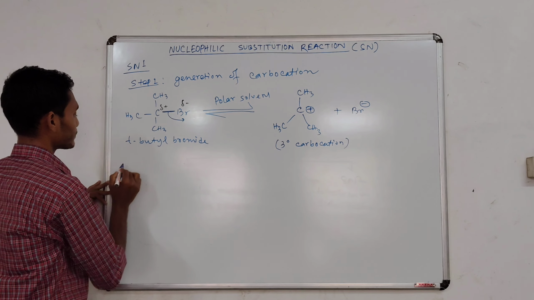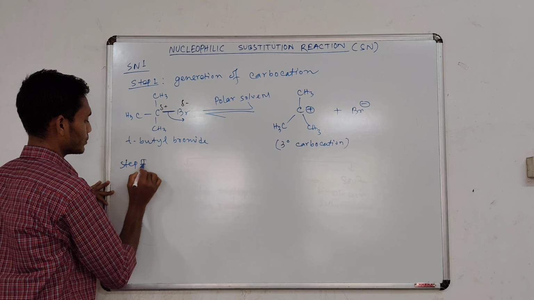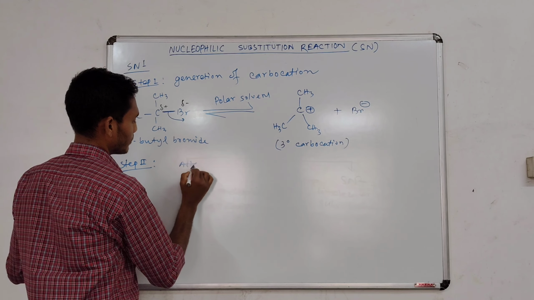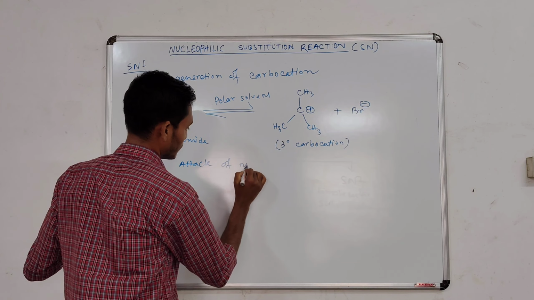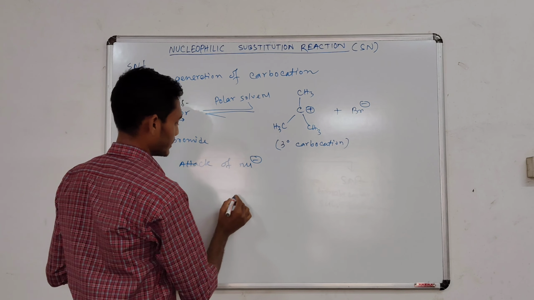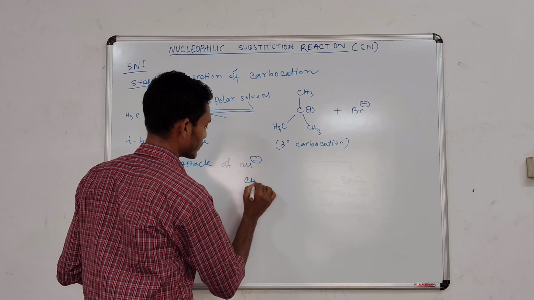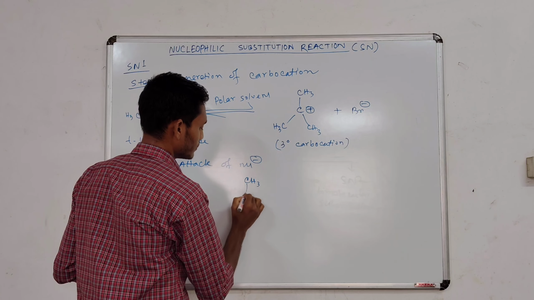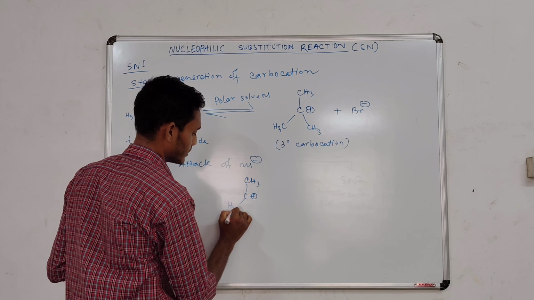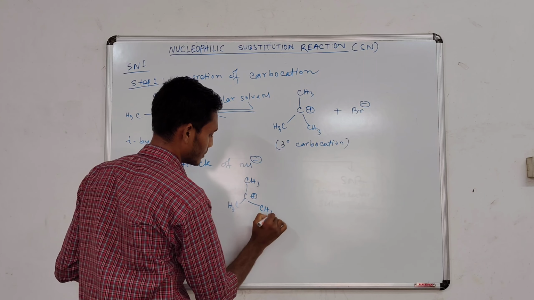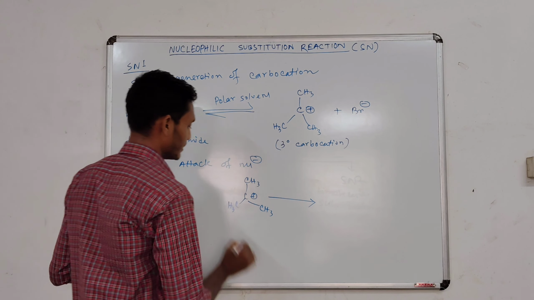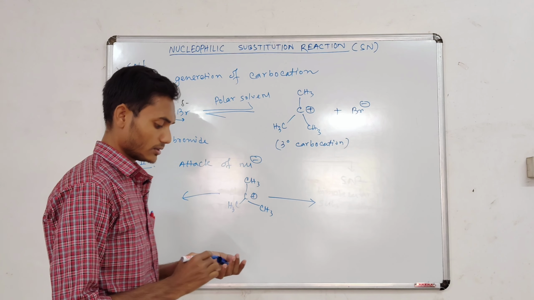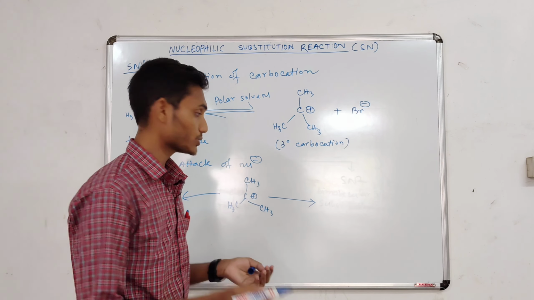And step 2, that is attack of nucleophile. Here the tertiary butyl carbocation is attacked by the nucleophile. It can happen from two sides.